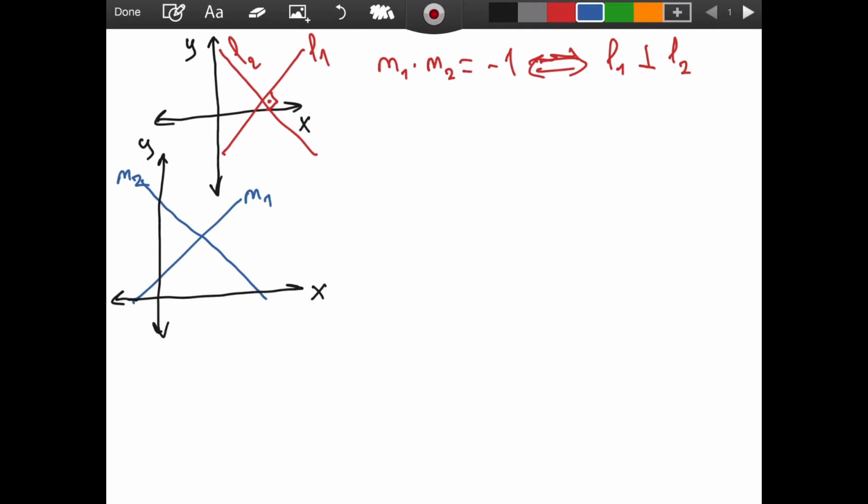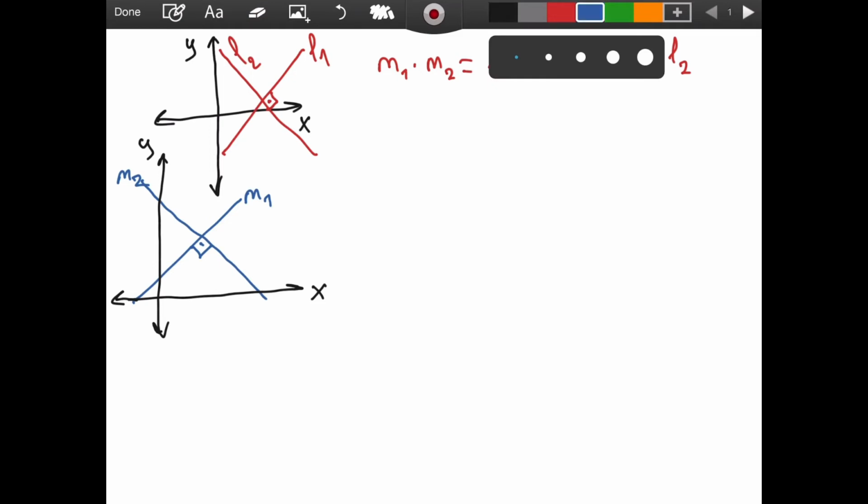If they are perpendicular, if this is a right angle, then, and by the way, there are different ways of representing right angles. You could just put a box, and I prefer to put a dot inside the box to represent a right angle. This is the convention that I am using, so keep that in mind.